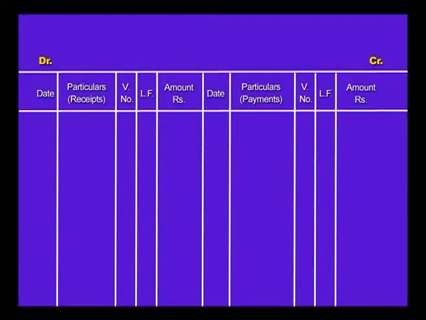So, this column on the debit side, that is column number 3, records the number of the related receipt voucher, and likewise on the credit side, that is column number 8, it records the number of the related payment voucher. Next column, LF.